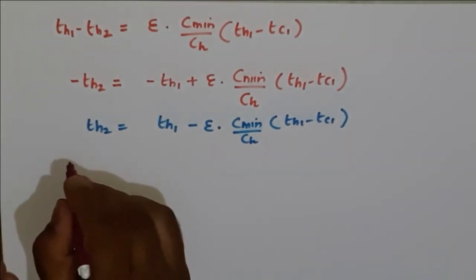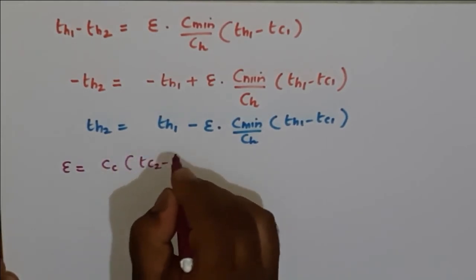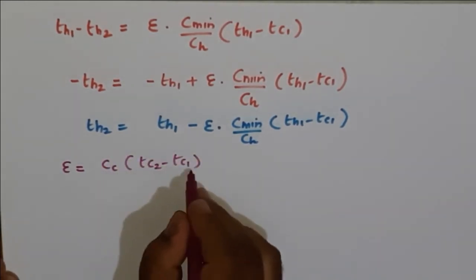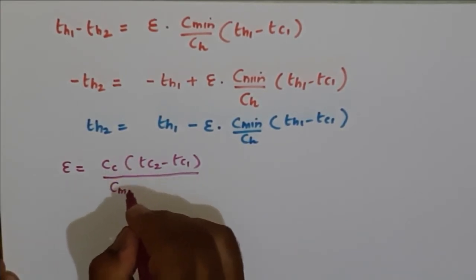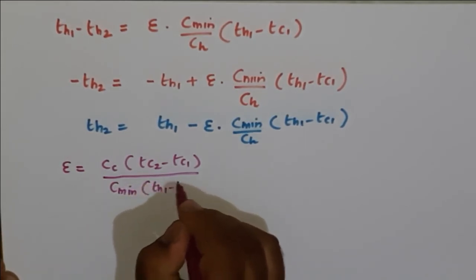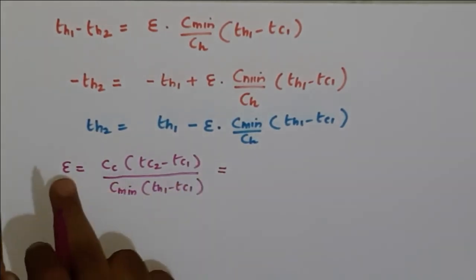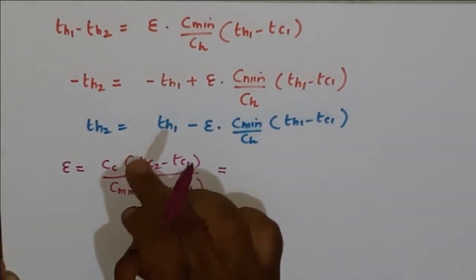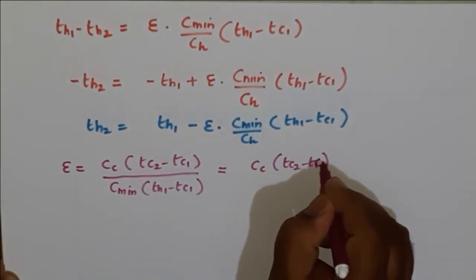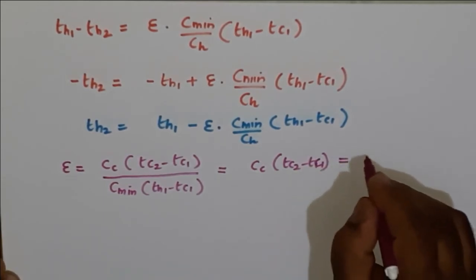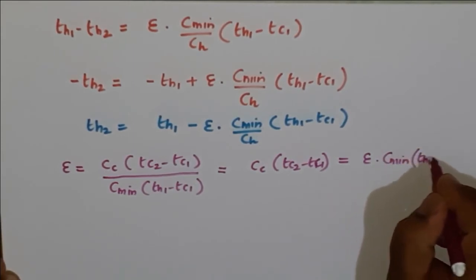Now, effectiveness is equal to CC into TC2 minus TC1, the temperature rise of the cold fluid, divided by the maximum heat transfer, C minimum into TH1 minus TC1. You take this to the left hand side. So what happens? CC into TC2 minus TC1 is equal to effectiveness into C minimum into TH1 minus TC1.